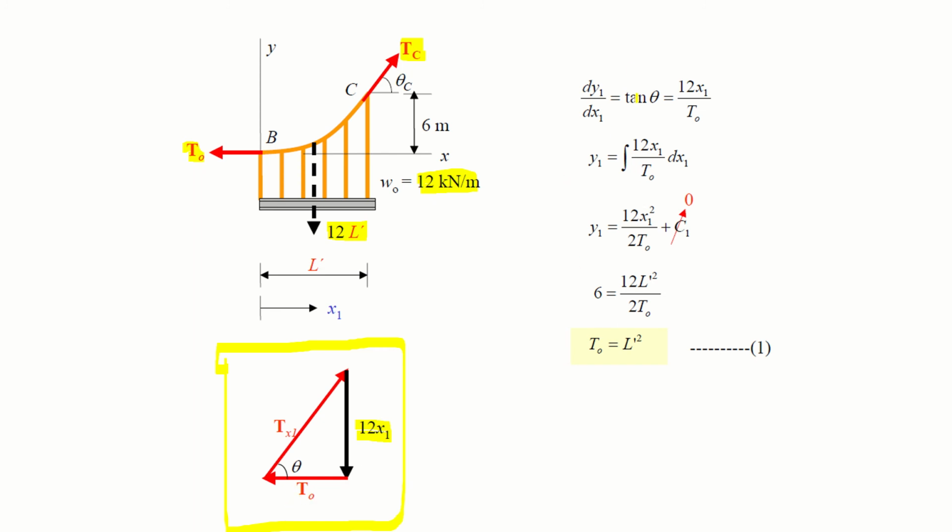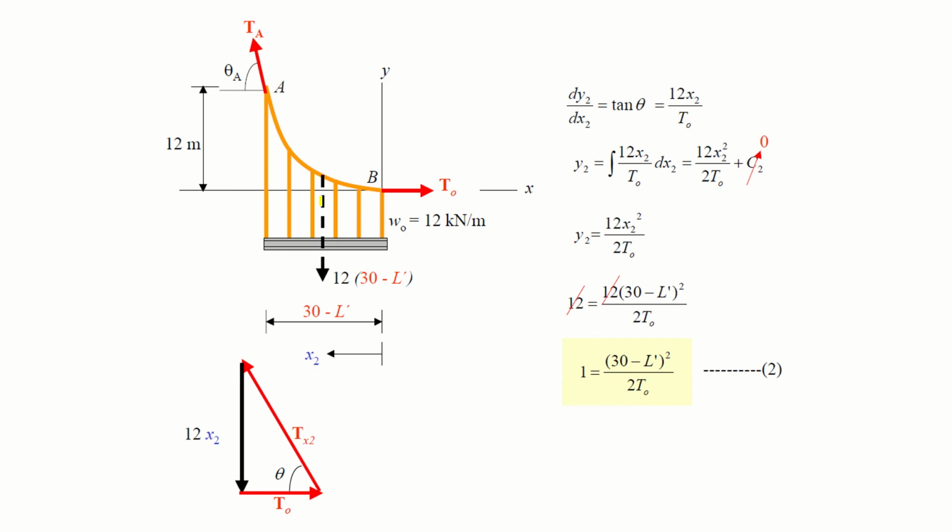Integrating it will give you this equation, and ignoring the constants, by solving this equation you will get T naught is equal to L dash square. Please keep in mind that you have solved the equation in terms of x and then put the values of L dash instead of x1. So this is your equation number one, where T naught is equal to L dash square.